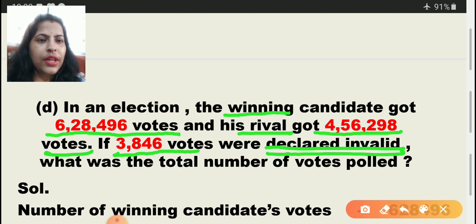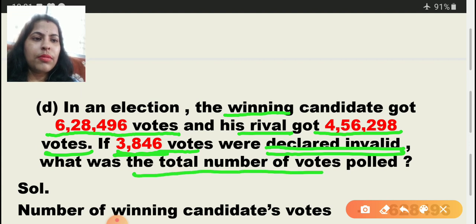So some votes are declared invalid, which are counted neither in the winning candidate's votes nor in the rival's, because that vote is not counted at all. That vote is not counted. So this many votes were declared invalid. What was the total number of votes polled? Now you have to find the total number of votes polled.